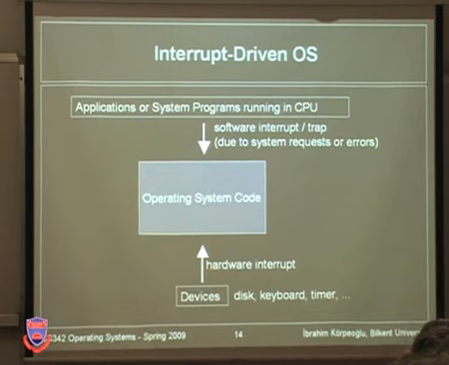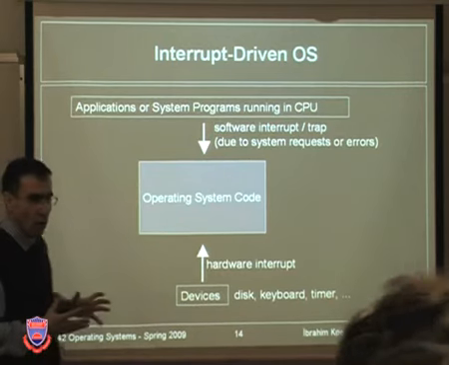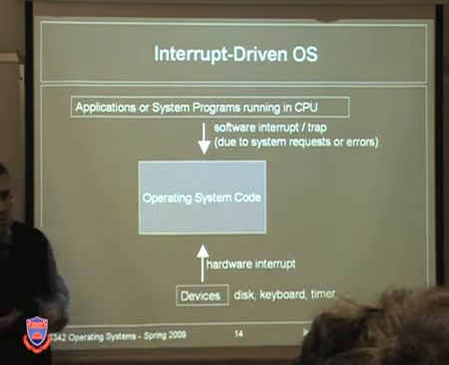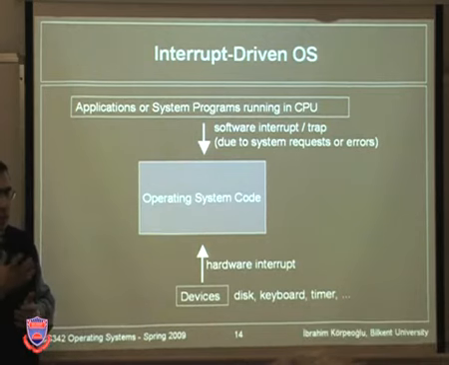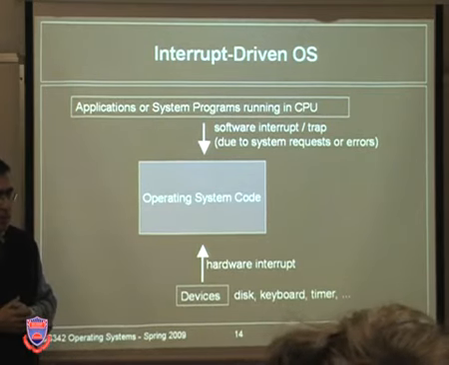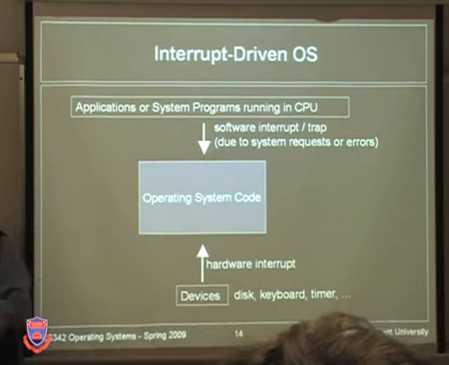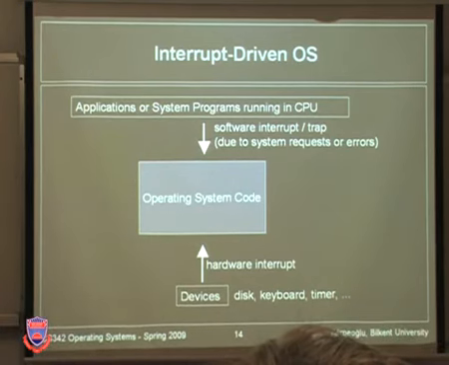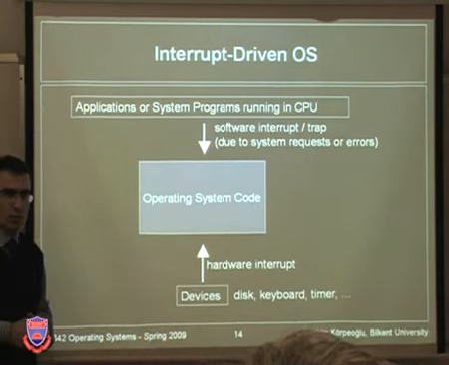Otherwise, the CPU is either idle or is used by the application programs. The Java program that you are writing, for example, that is doing number crunching, heavy computing, lots of arithmetic, can run in the CPU without requiring I/O. And when it needs to do I/O, it calls the operating system routine to do that.